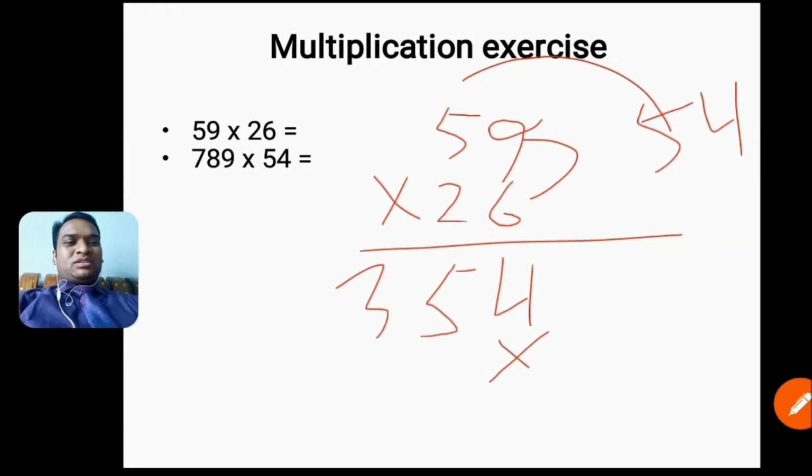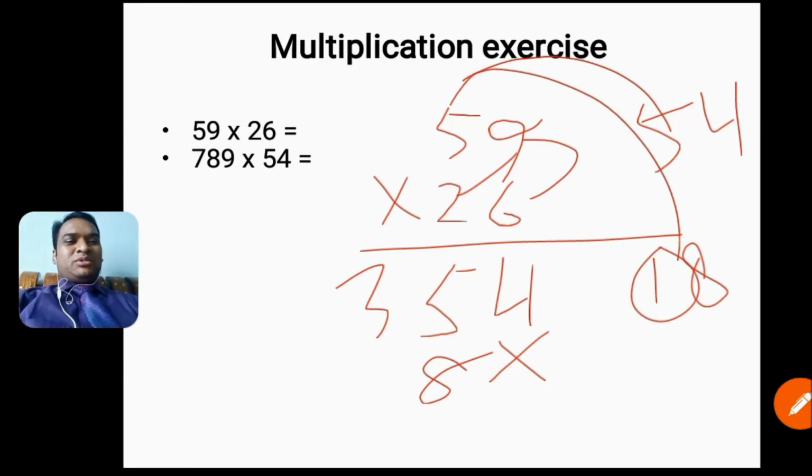I am putting a cross here. So then we'll do again 2 nines first. So 2 nines are 18. So we put 8 here, and we'll add this 1 with the next number. Okay, so 2 5s are 10, and we have 1. So 10 and 1 is 11.